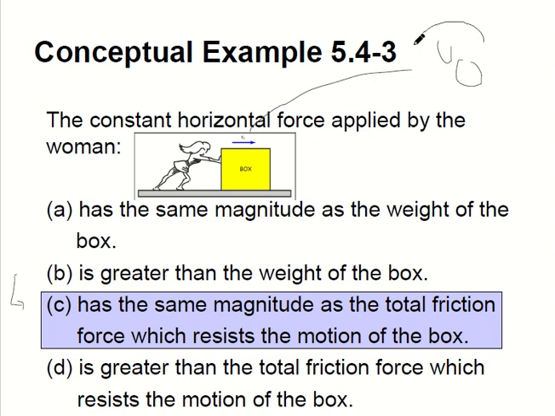This speed is very essential. If this is going with a constant speed, then her force has the same magnitude as the total friction force, which is going to resist the motion, meaning her force and the total friction force are equal. Yeah, that is what we're talking about.